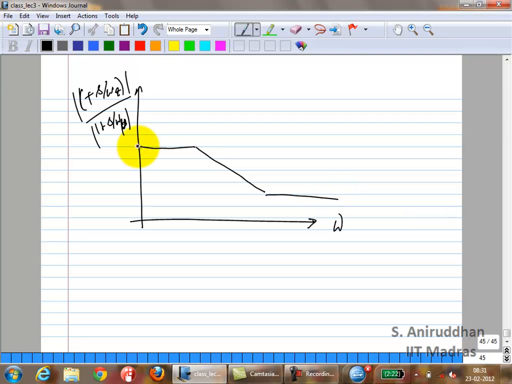At very low frequencies, this portion is just going to be 1. At very high frequencies, what is it? It turns out it's going to be half. Because in this case, the pole lies at GM3 over Cp, and the zero happens to lie at 2 GM3 over Cp.